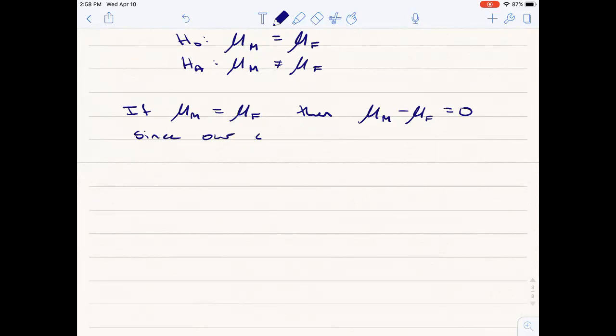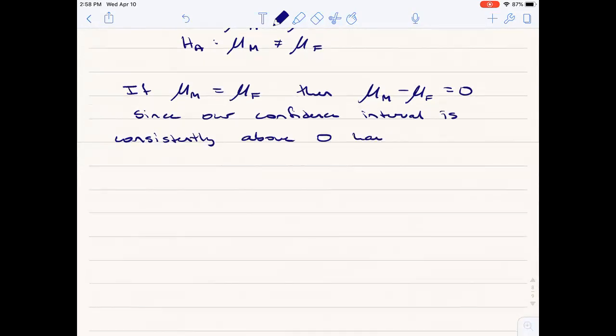Since our confidence interval is consistently above 0, we have enough evidence to reject H naught in favor of HA.